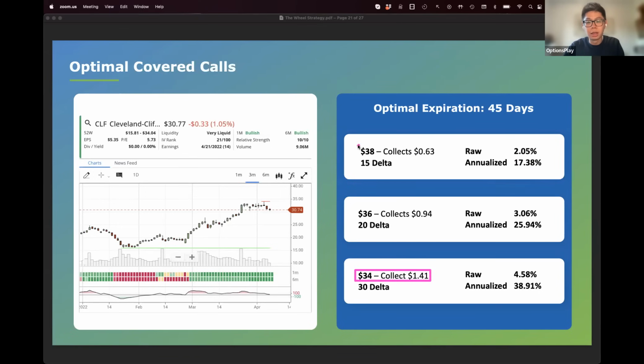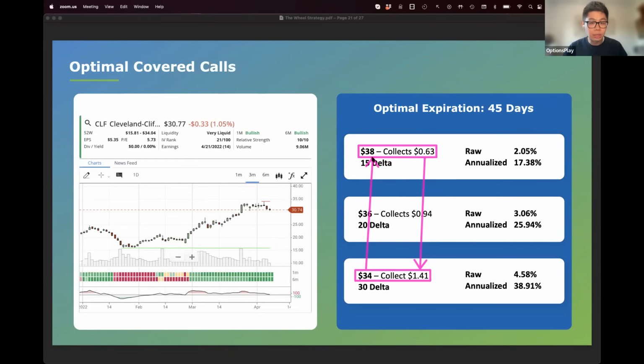The 38s collect 63 cents. That's less than half the amount of income that you would receive if you sold the 34s. But this roughly 80 cents in income that you are giving up, if you will, when you select a $38 strike price, translates on the back end to $4 in capital appreciation when the stock rallies.